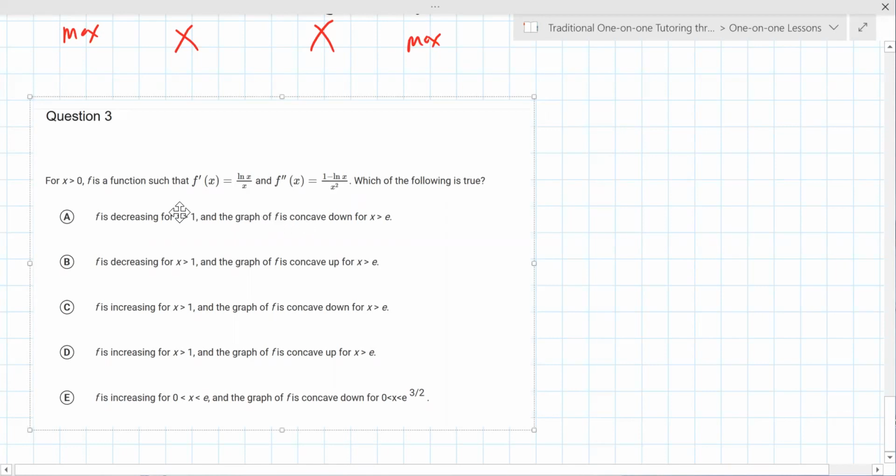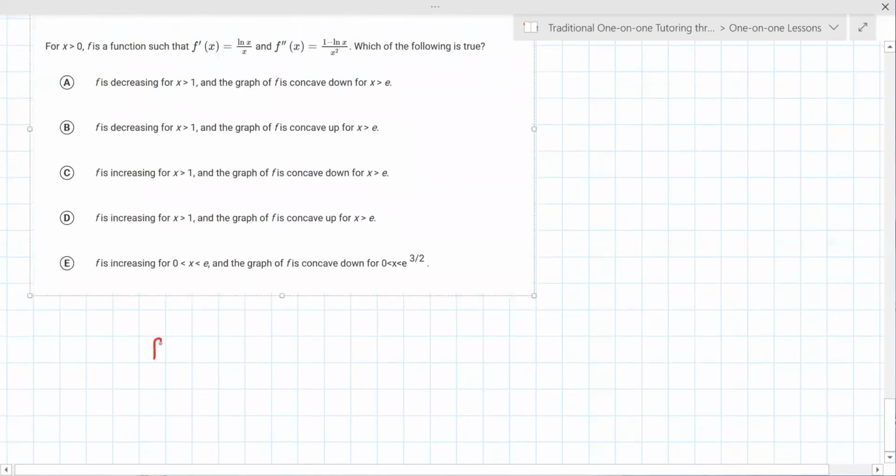There's a lot going on in this multiple choice. They're asking you to do a sign chart for the first derivative and a sign chart for the second derivative and match up what you think is right. They've already done the work for you, which is nice.